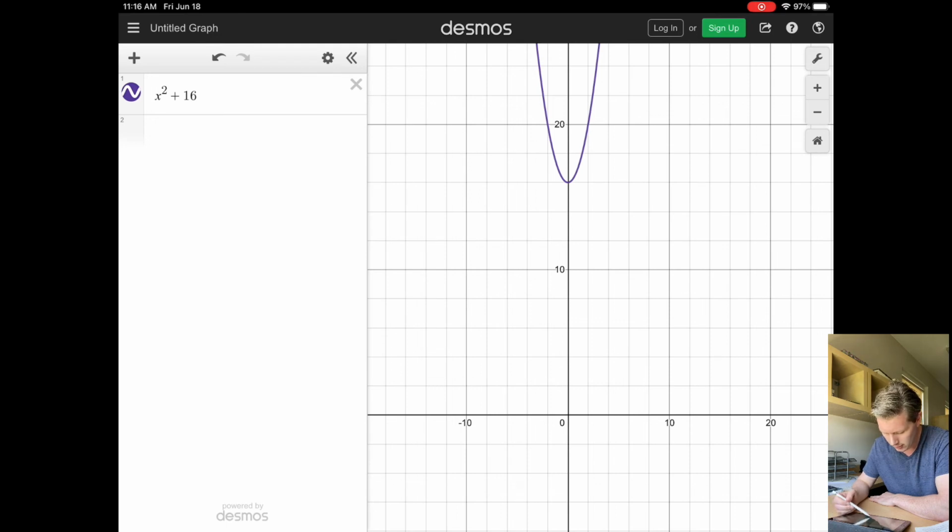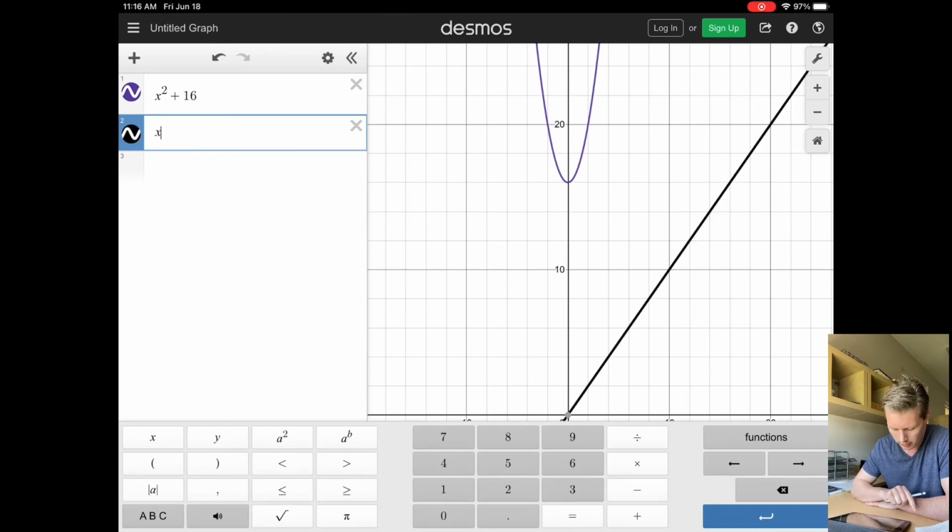It's x squared shifted vertically up 16 places, so it is positive for all values of x. It never goes below the x-axis. There's no value of x that would make the function negative.